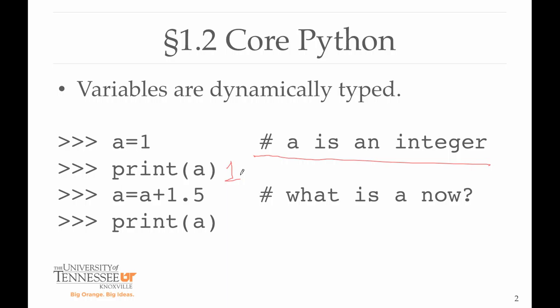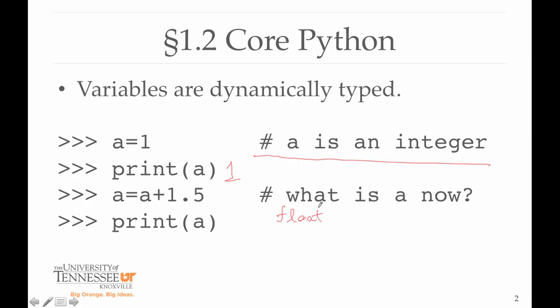But then notice what happens next in the interpreter. It's an illustration of dynamic typing, because A originally was an integer, and now what we've done is arithmetically add the value 1.5, which is clearly a float and not an integer. So what is A now? A, of course, is now a float, because we have completely changed the meaning of A; it now has a fractional component.